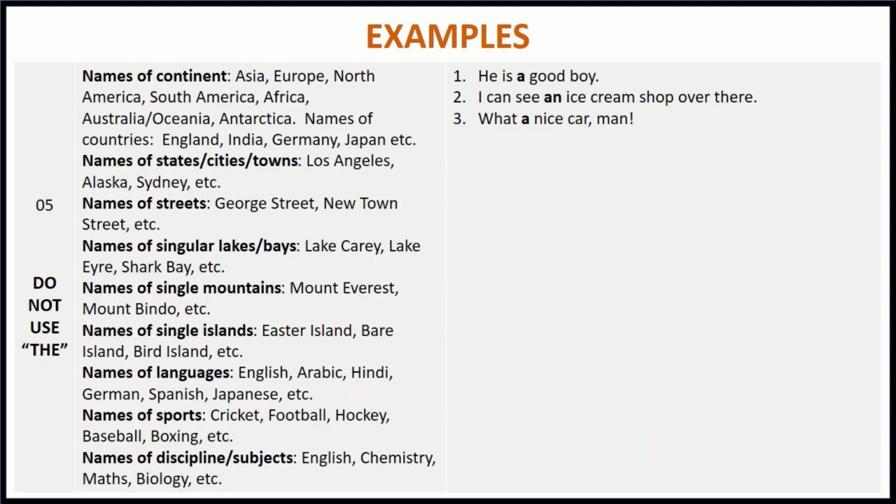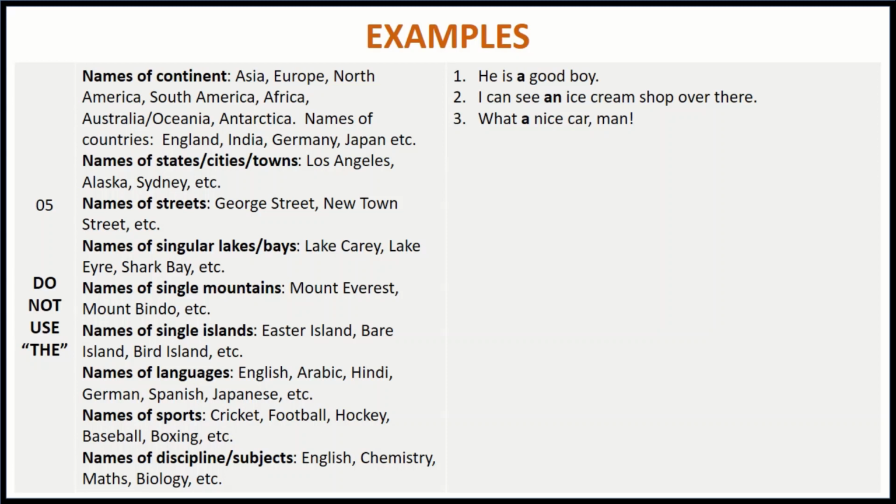On the other hand, rule 5 of indefinite articles states that we have to use a before descriptive adjectives. For example, he is a good boy. Good is a descriptive adjective, therefore it is correct. I can see an ice cream shop over there. An ice cream shop. Here ice cream is a descriptive adjective.